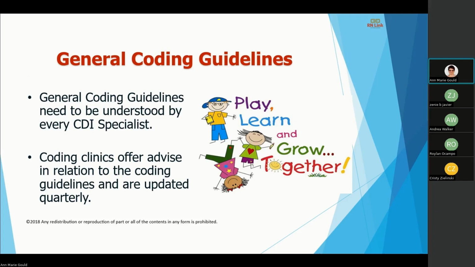And now CMS updates the ICD-10-CM diagnosis codes every 6 months. You know why they changed it? It used to be annually, every October 1st. They changed it because of the COVID pandemic.